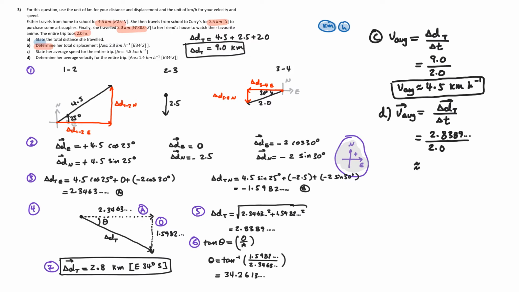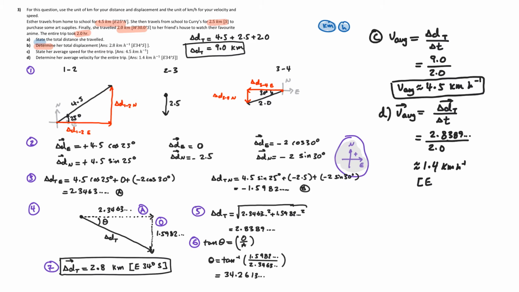And when I do this on my calculator, my final answer should be to two significant figures because both time and displacement have 2. And this is 1.4 kilometers per hour. And our direction stays as is.